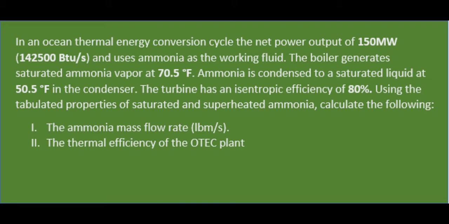The boiler generates saturated ammonia at 70.5 Fahrenheit, and the temperature of the saturated liquid state in the condenser is given as 50.5 Fahrenheit. We are also given the isentropic efficiency of the turbine, which is 80%. The things which we need to calculate are the ammonia mass flow rate and the thermal efficiency of the overall power plant.